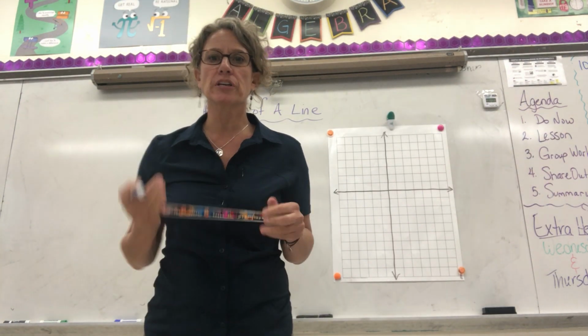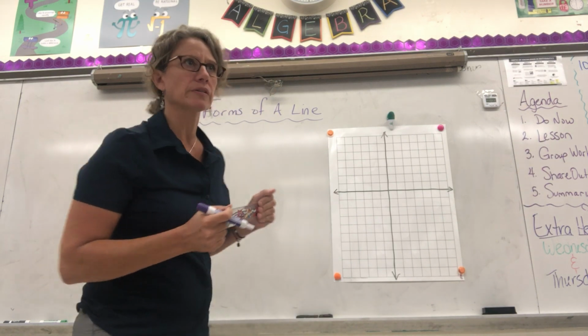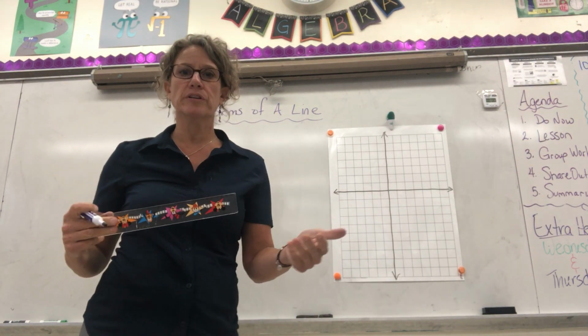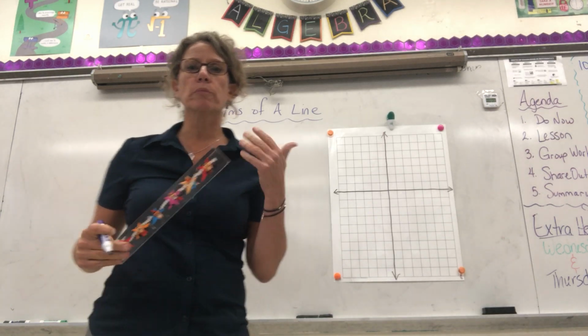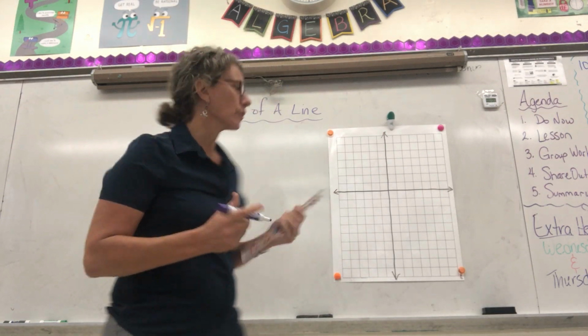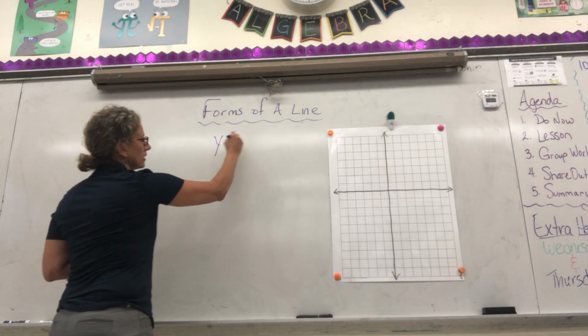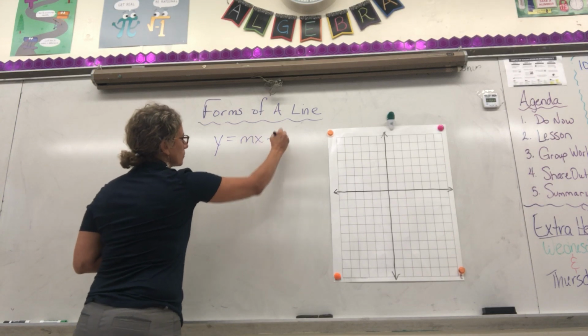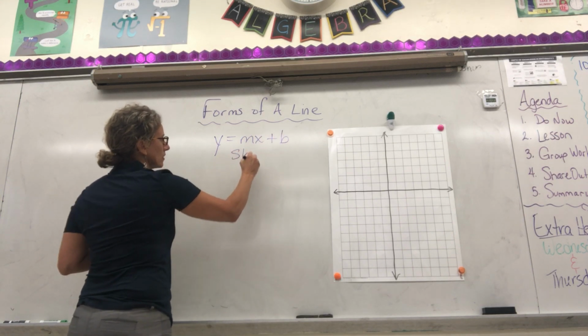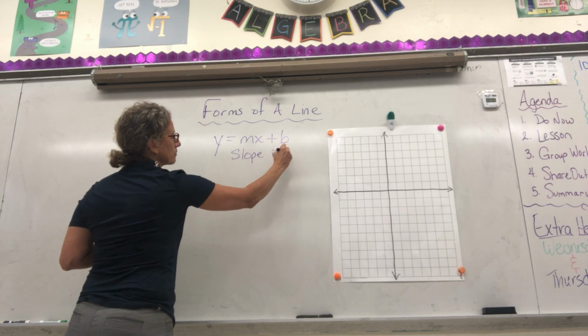Linear functions can take different forms and different equations that you learned in Algebra 1. The most familiar one that you probably learned first was the y equals mx plus b form, otherwise known as the slope-intercept form.